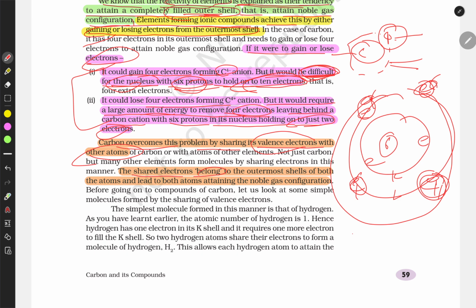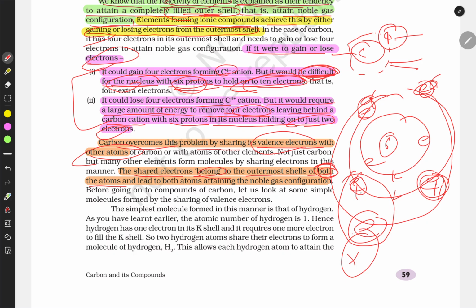The shared electrons belong to the outermost shell of both atoms, and so both atoms are important. Both atoms share. Suppose it is sharing with some atom X, and X has 1 electron, so they both will share one electron.